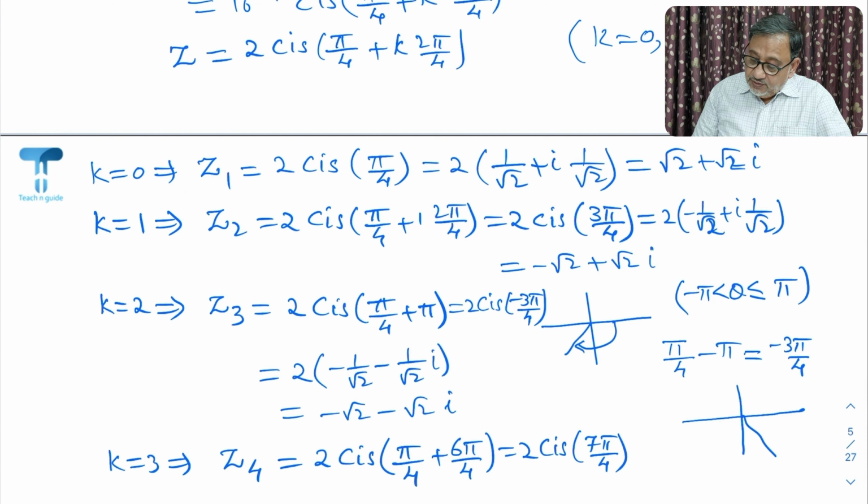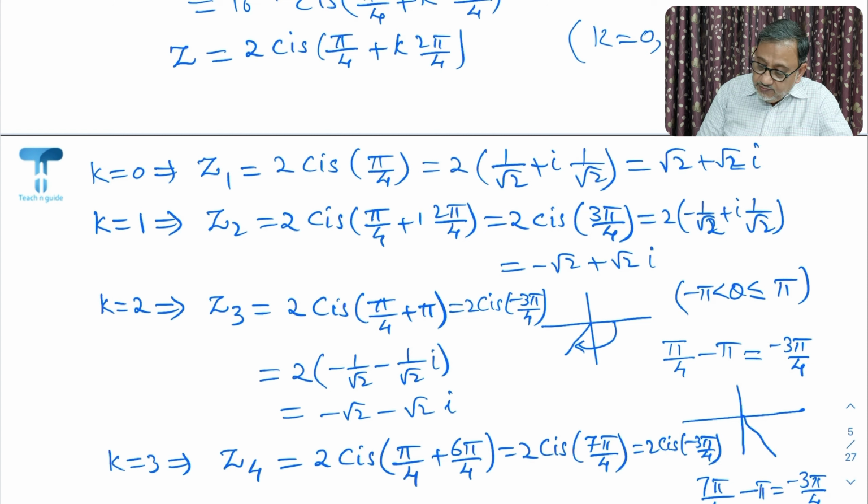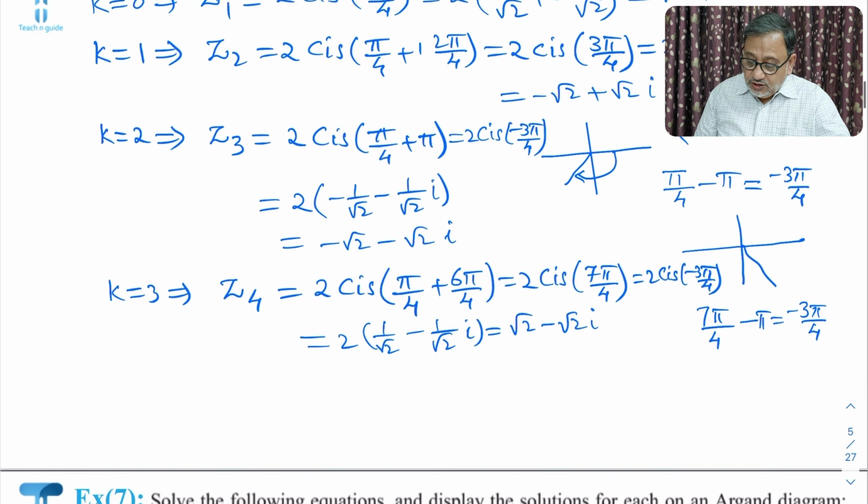So it will be this minus π again, because in the third and the fourth quadrant we write the argument minus π, so it will be minus π/4. So 2 cis minus π/4, and in the fourth quadrant cos is positive, so 1 by root 2, sine is negative, so minus 1 by root 2 i, finally it will be root 2 minus root 2 i. So like that I got all the 4 roots.